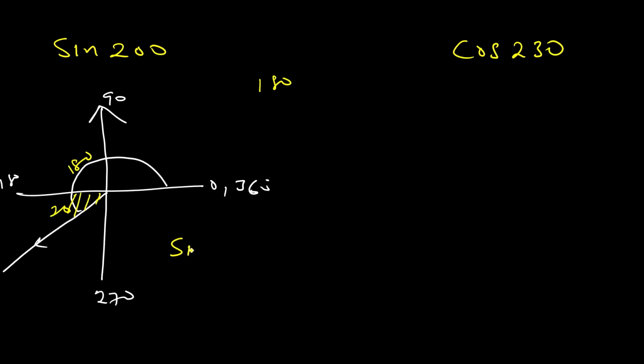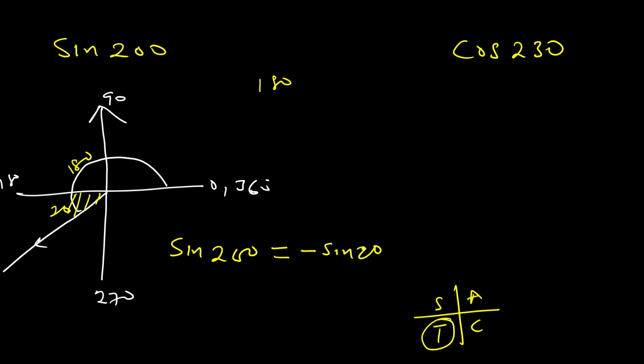Therefore, sine 200 is the same as, let's look at the quadrant. CAST. This side is for only tan. So you say negative sine 20.